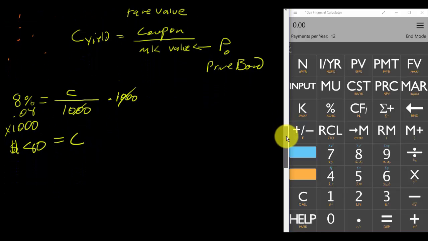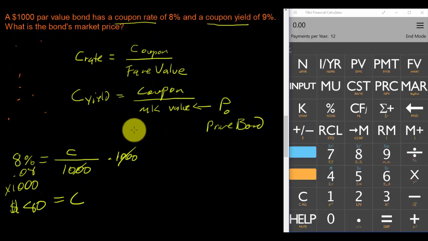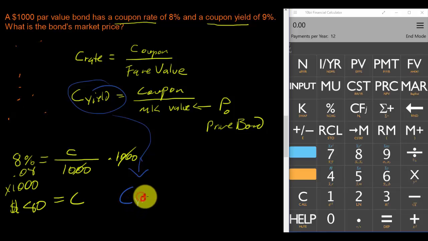Okay, now I know something, right? Let me switch colors so we can talk about two different equations here. That's my coupon rate over there. Now I'm going to calculate my coupon yield. My coupon yield is 9%, which is the same thing as saying 0.09.